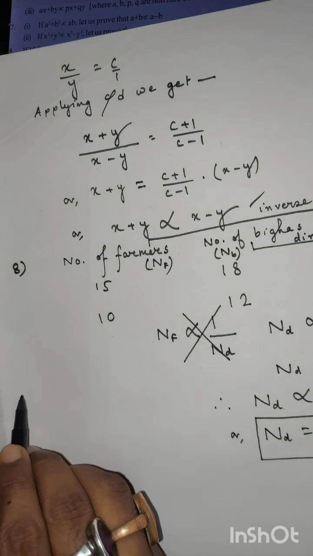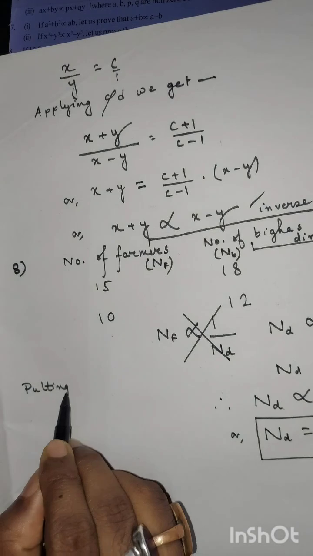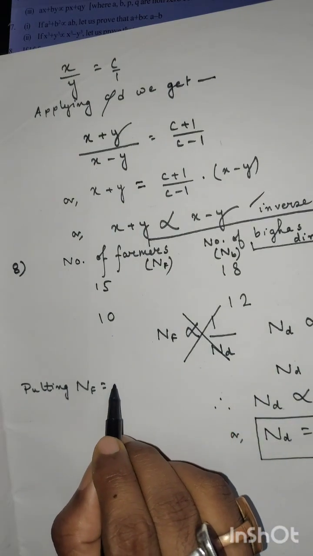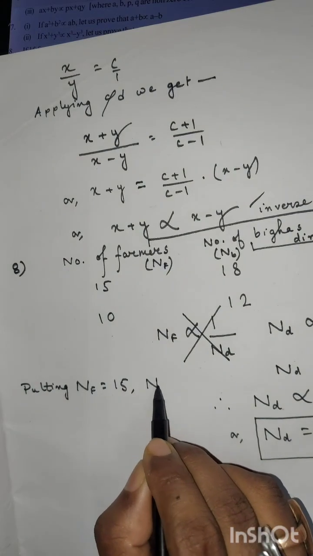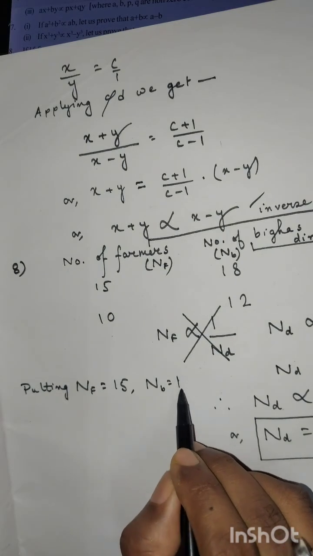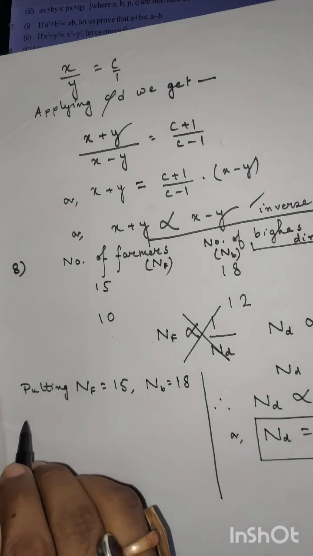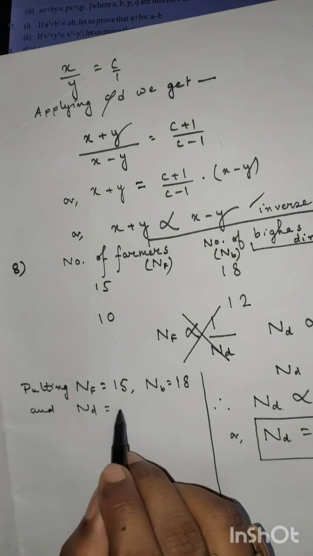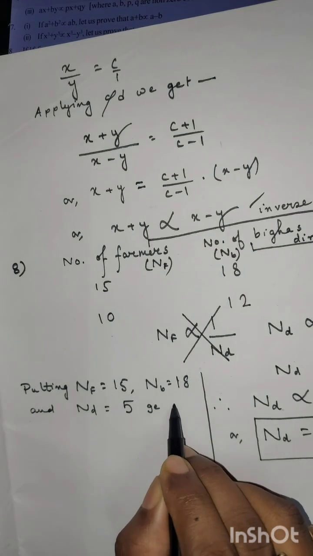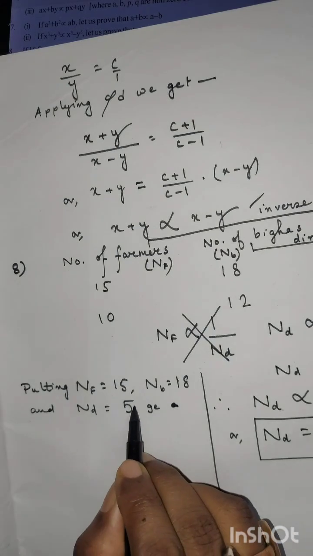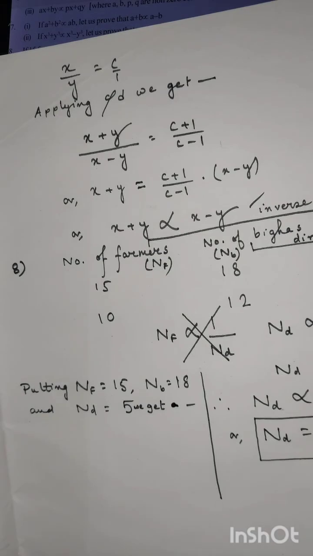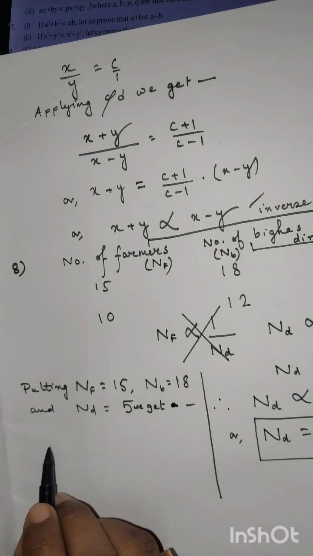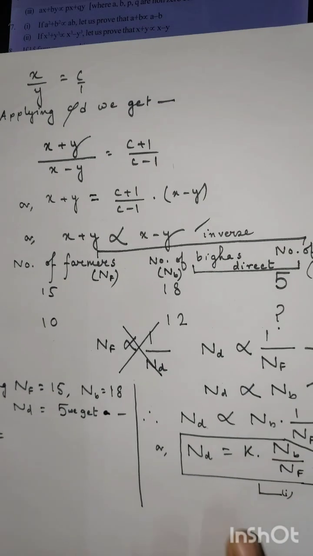So putting, from the first condition, NF equal to 15, NB, the number of bighas, equal to 18, and number of days equal to 5, we get... now ND equal to 5. We are putting these values in equation 1.